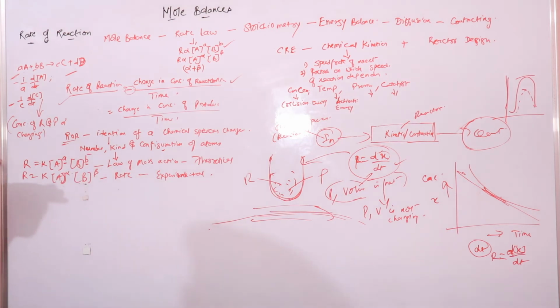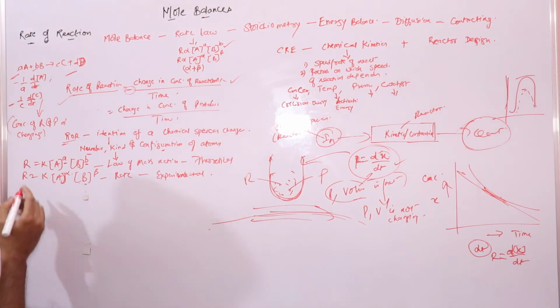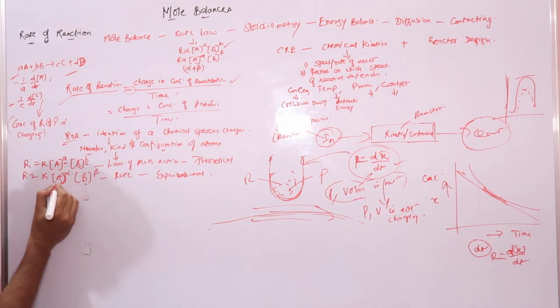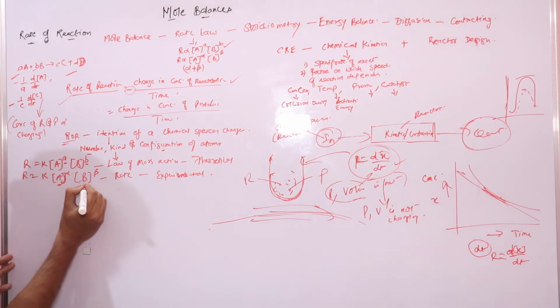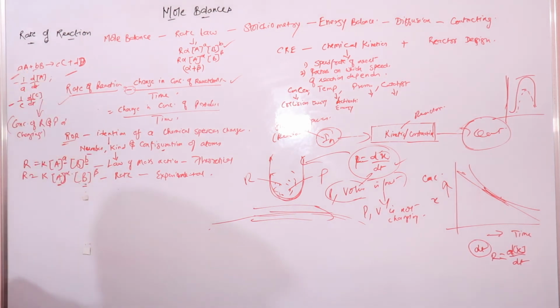So the rate law will experimentally tell you how the rate of reaction depends on the concentration of A and the concentration of B. This gives you the actual rate law equation. This is an algebraic equation, so this is the correct equation.